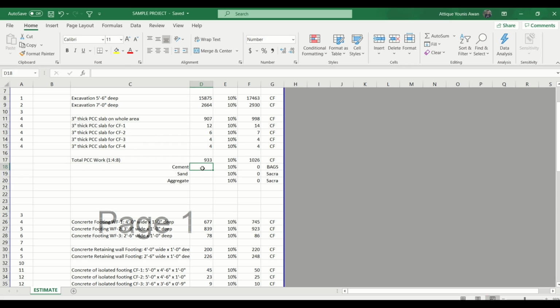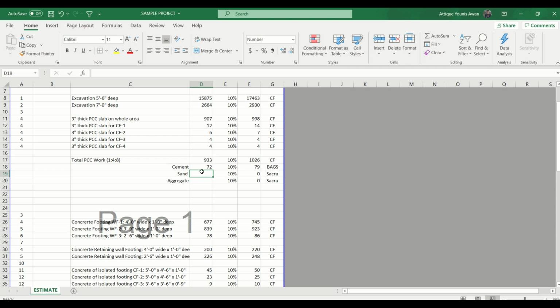For cement, we take the total cubic foot, multiply it by the ratio of cement in the whole mix, which is 1, and finally divide it by the total sum of the ratio, which in this case is 1 plus 4 plus 8, that is 13. So we will get the number of bags.